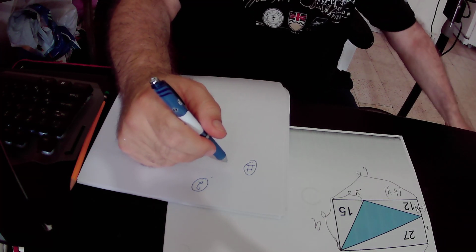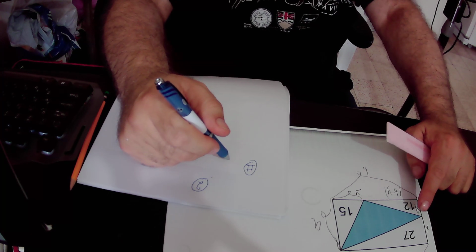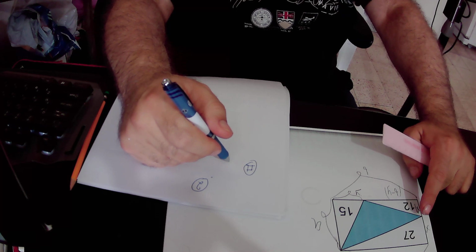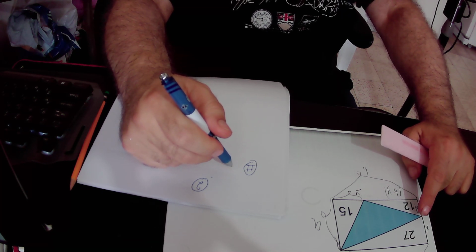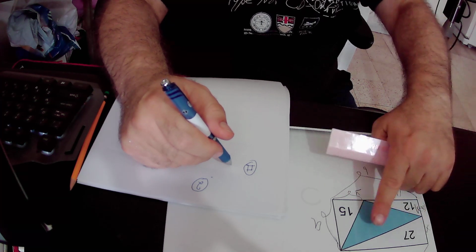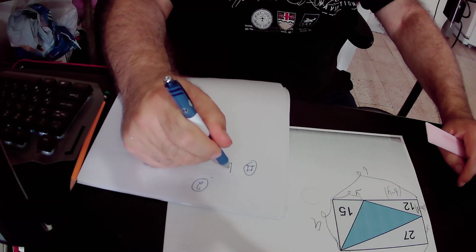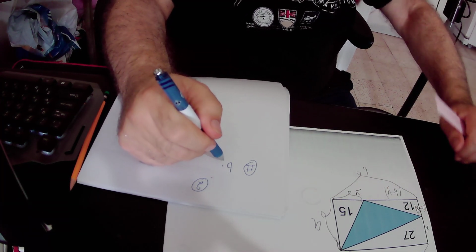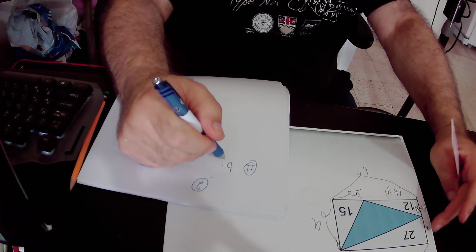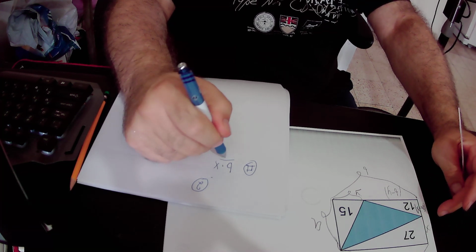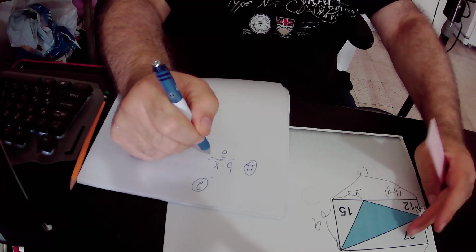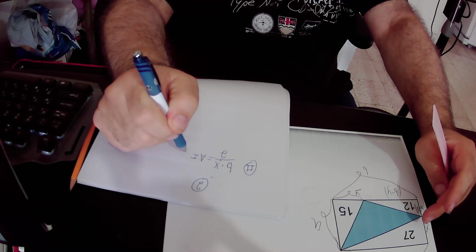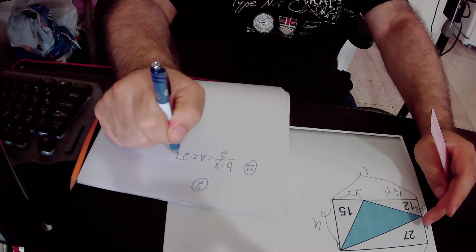So the formula for the area of this triangle will be the base of the triangle, that is b. b is also the length of this rectangle. b times the height of this triangle, that is x, all divided by 2, equals the area of this right triangle. We already know that the area equals 27 units, so we will write it down.